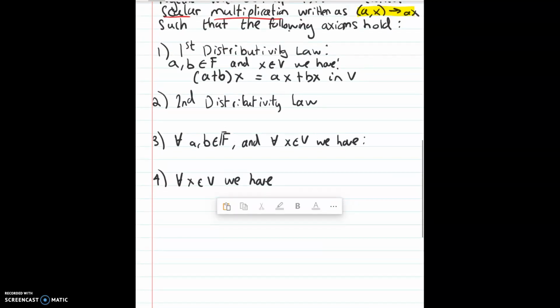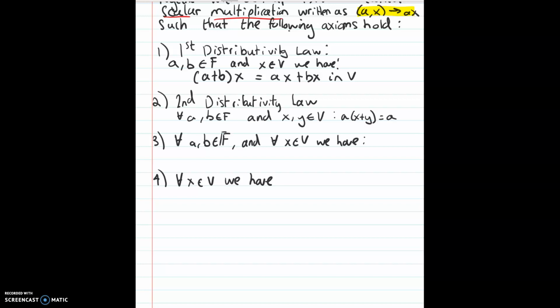Okay? The second distributivity law says that for all A in F, and now we've got X and Y in V, so we've got four different terms here, two pairs, then we must have that A times (X plus Y) is equal to AX plus AY.